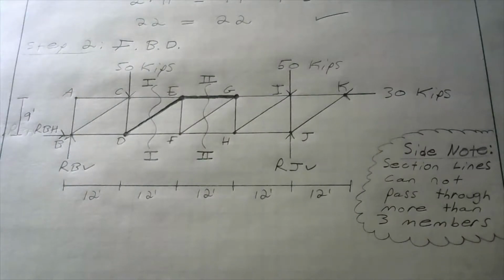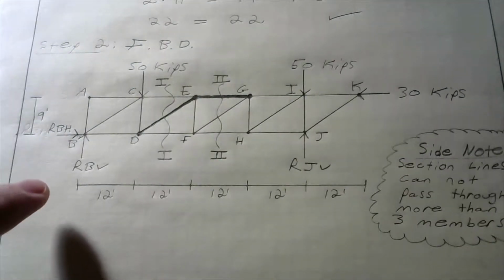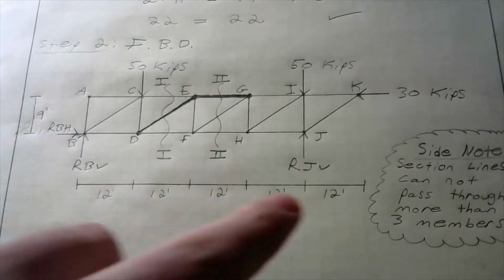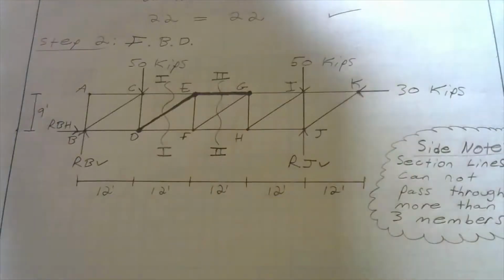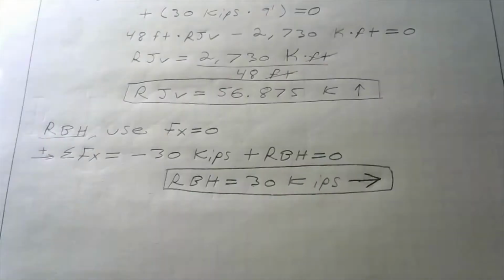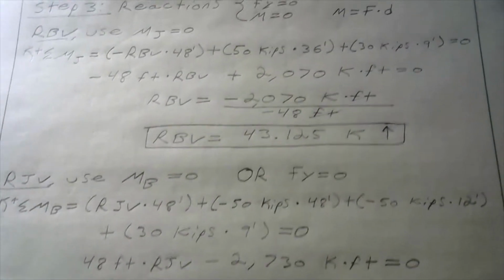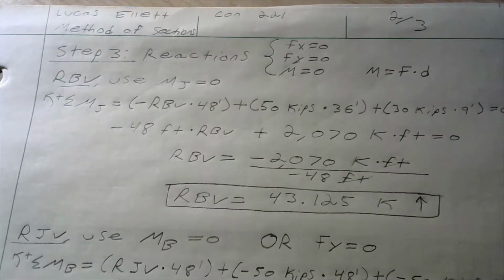But before I get into that, I'm going to quickly go through these reactions, because for method of sections and for method of joints, you're going to need to calculate the reactions. Again, I'm just going to quickly go through it because I already made a video on reactions. So if this is confusing, please go back and watch that video because it's probably more in-depth than what I'm going to do right now.